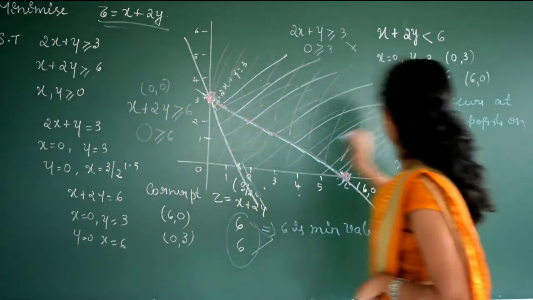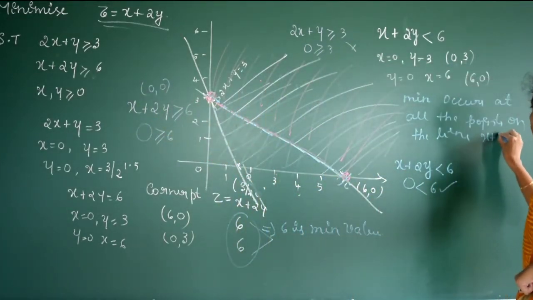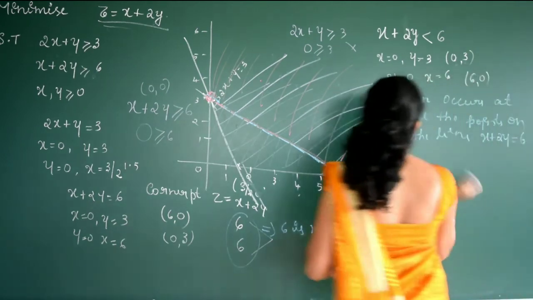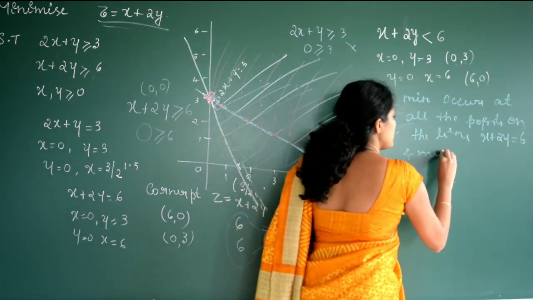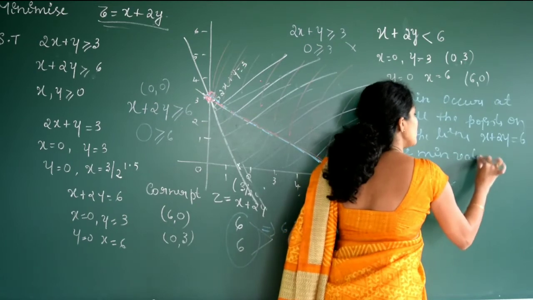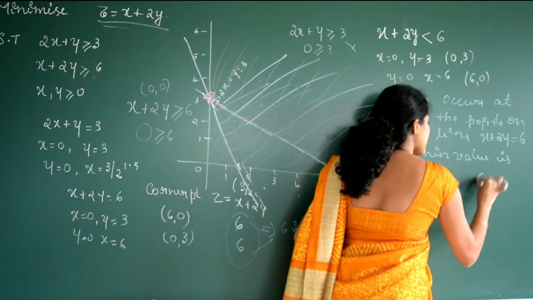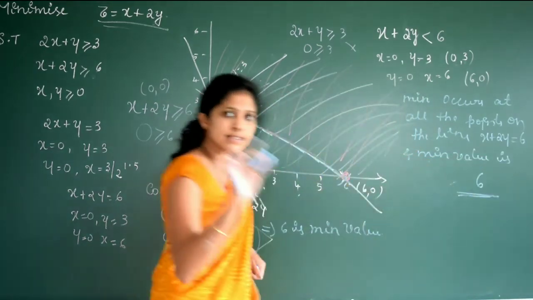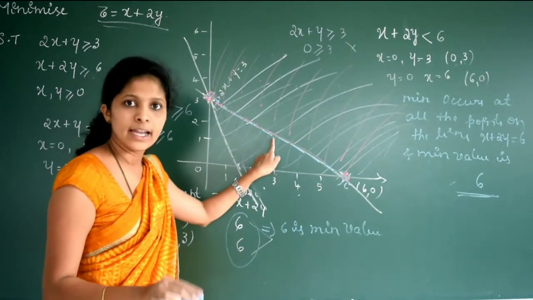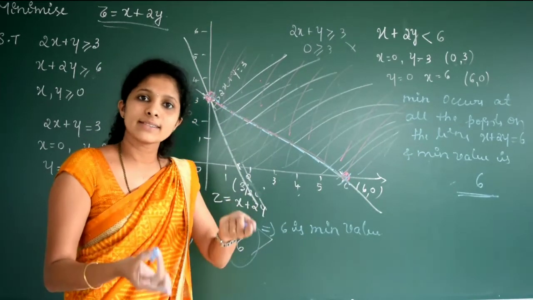On that line the minimum occurs, and the minimum value is 6. Clear? Consider any point on this line, we will get the minimum value as 6.